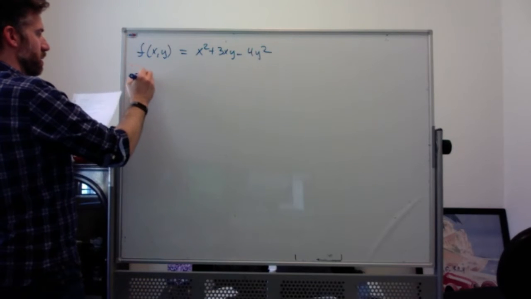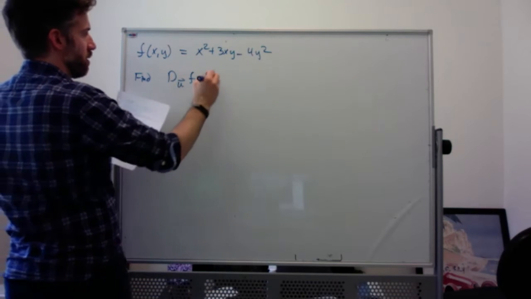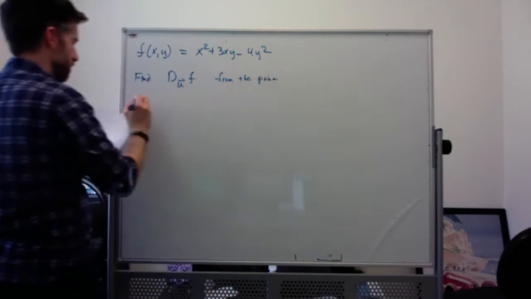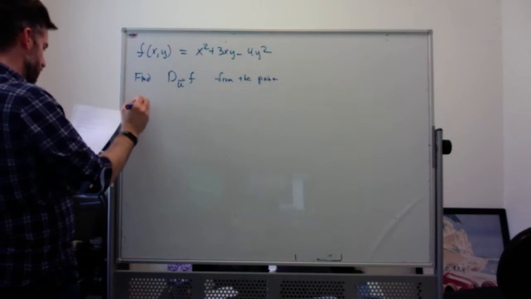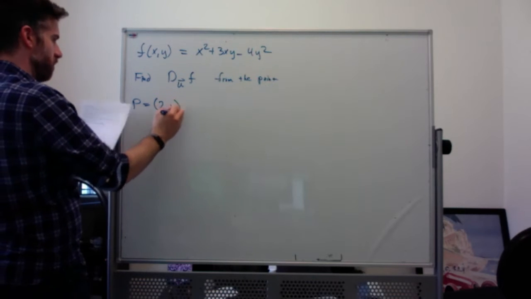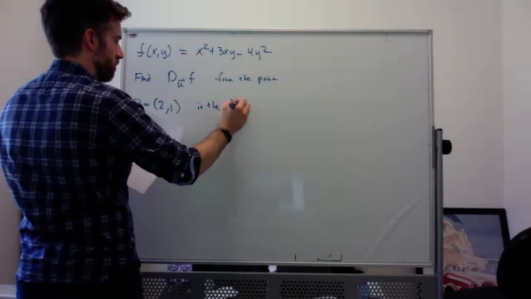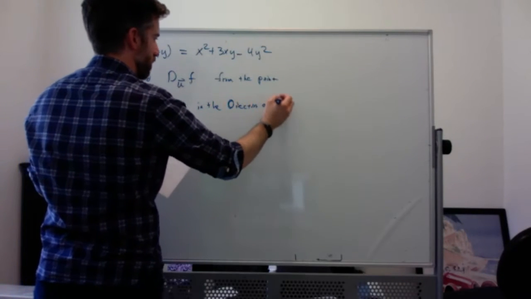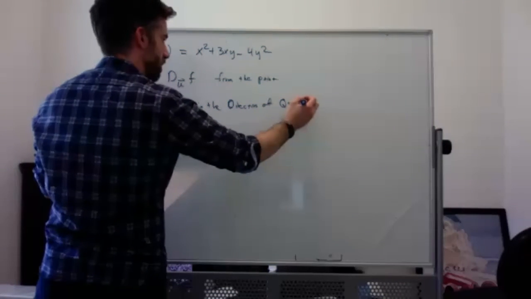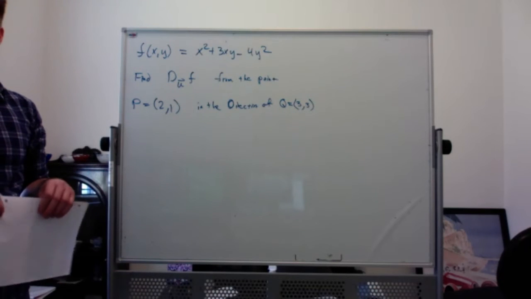Find the directional derivative from the point p equal to 2, 1 in the direction of q equal to, let's make it interesting, 3, 3. Okay. So go ahead and do the calculations there.